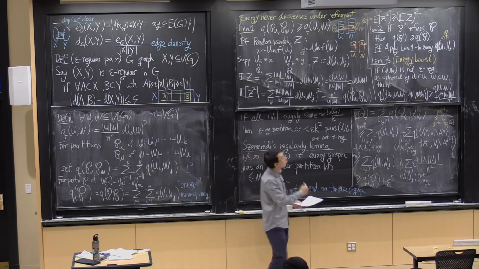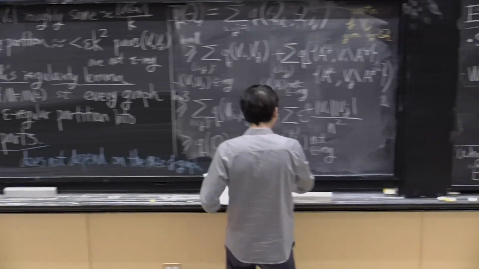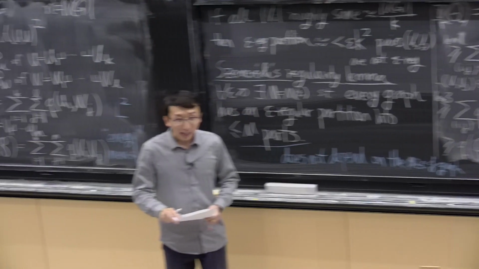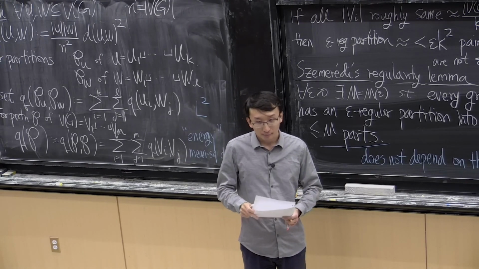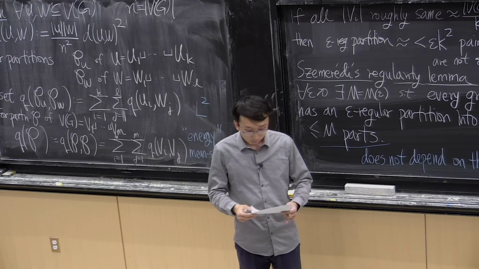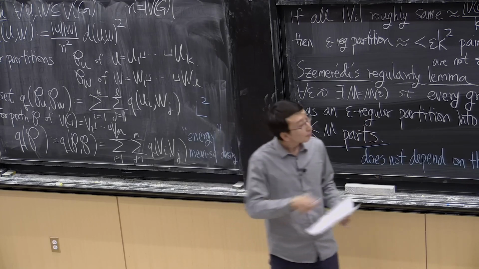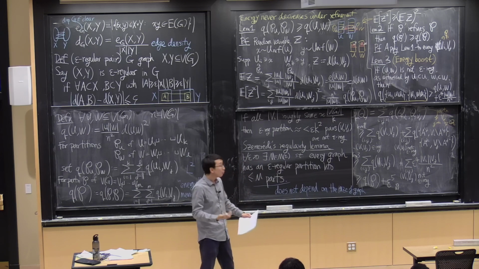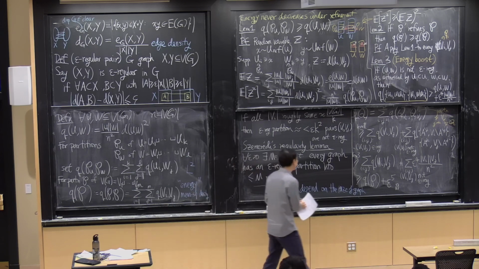Okay, and that finishes the proof of lemma 4 up there. Any questions so far? All right, so now we are ready to finish everything off and prove Szemerédi's regularity lemma.